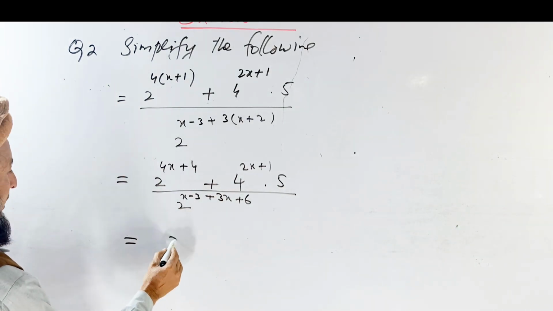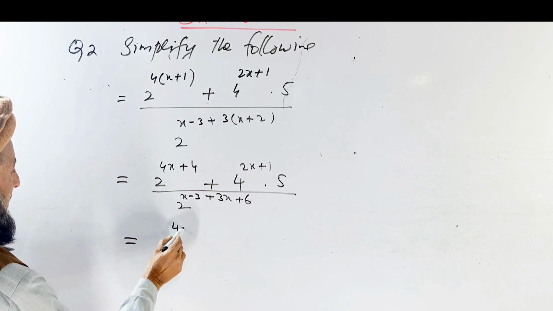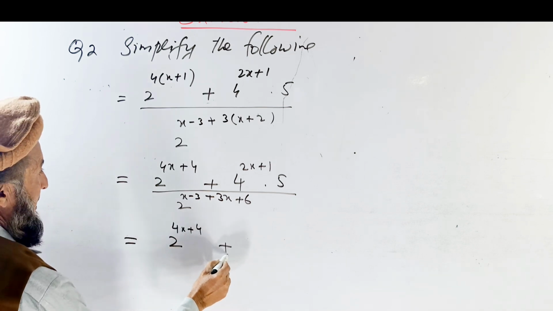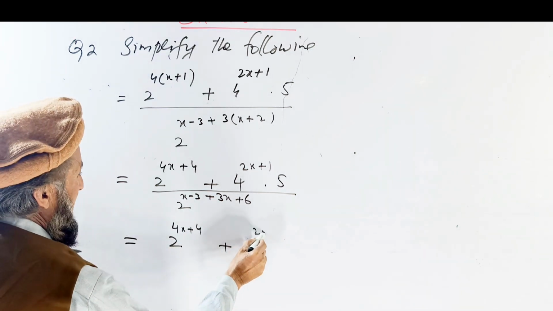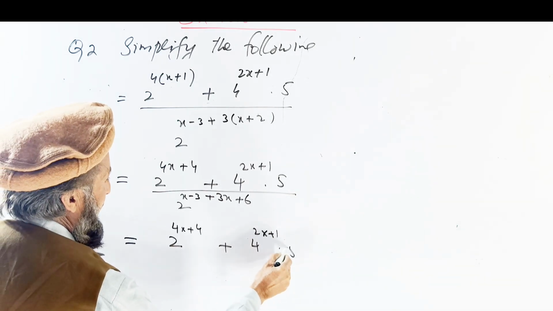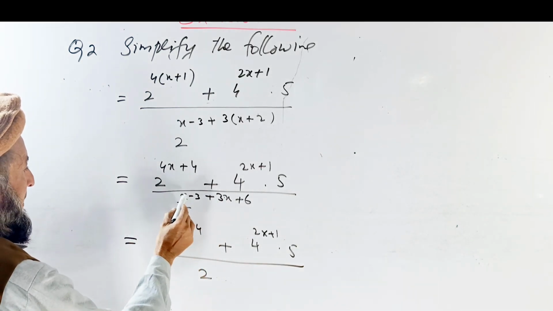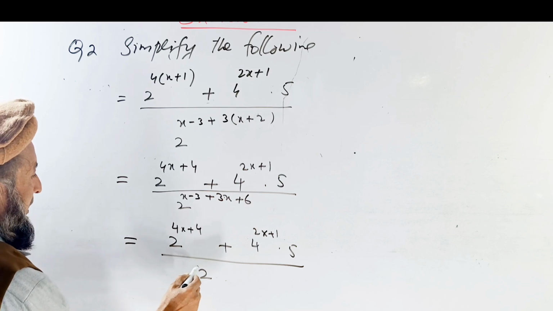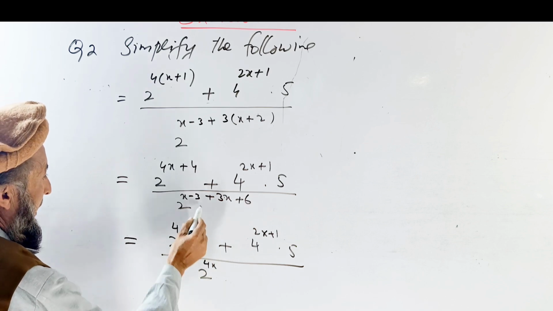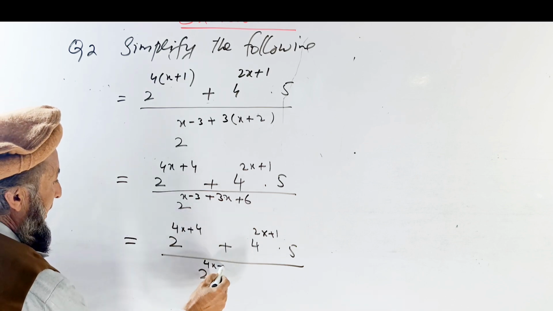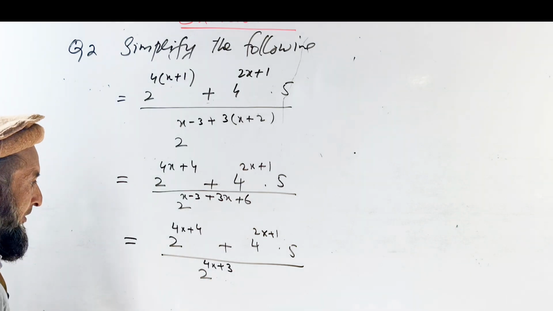Now we can simplify further: 4x+4 plus 2x+1 into 5 divided by x plus 3x we get 4x, and 6 minus 3 we get plus 3.